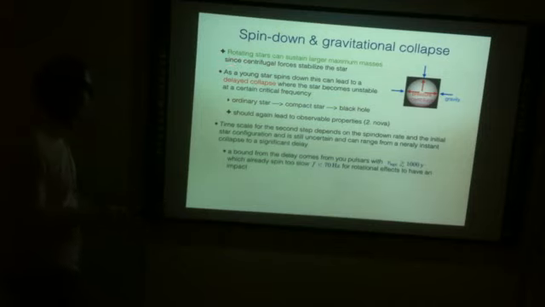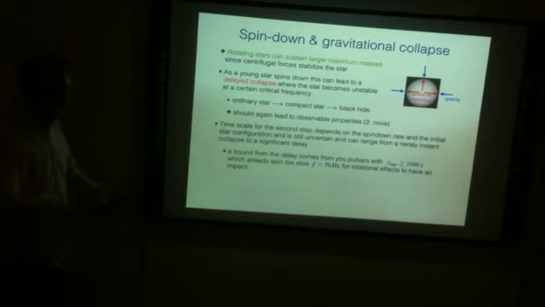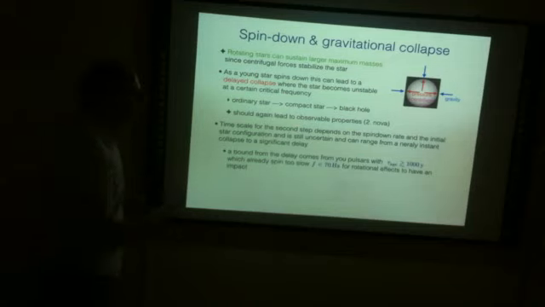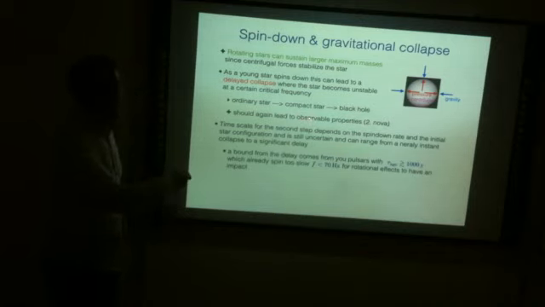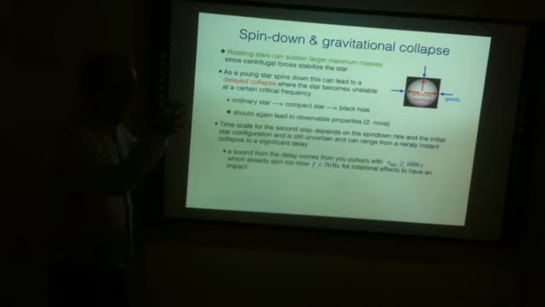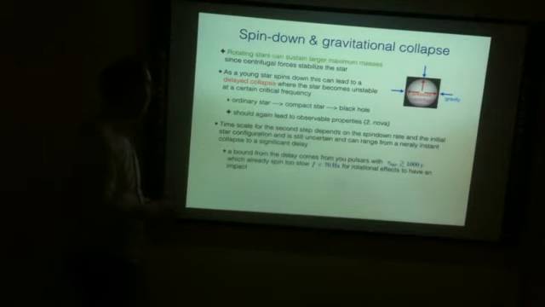So in principle, what you could have is that when an ordinary star explodes in a supernova and has a core collapse, you would form a compact star that will still rotate very quickly. Then after some time, when it has lost enough angular momentum, it might actually collapse to a black hole because the mass of the compact star is too big to be sustained at rest if it doesn't rotate anymore.